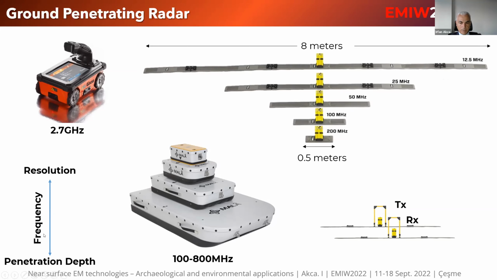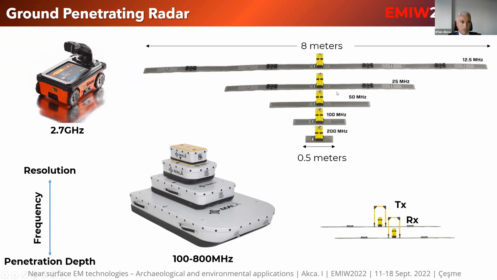Higher frequency means higher resolution, but lower penetration. On the opposite, if you use a lower frequency, then you can penetrate deeper, but your resolution gets worse. So we have a transmitter antenna and a receiver antenna.